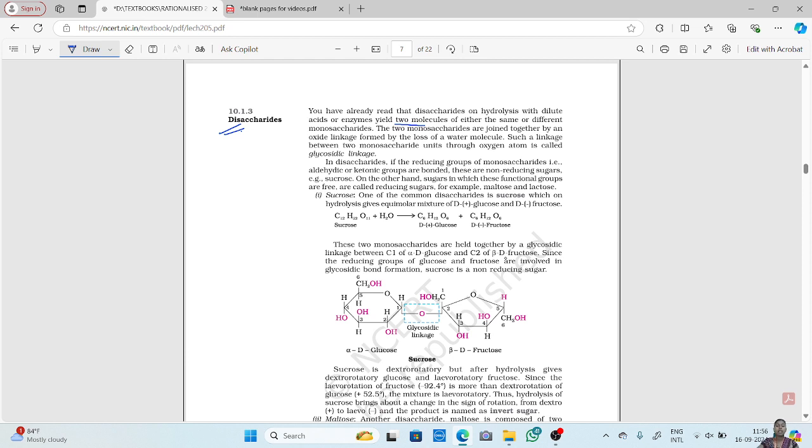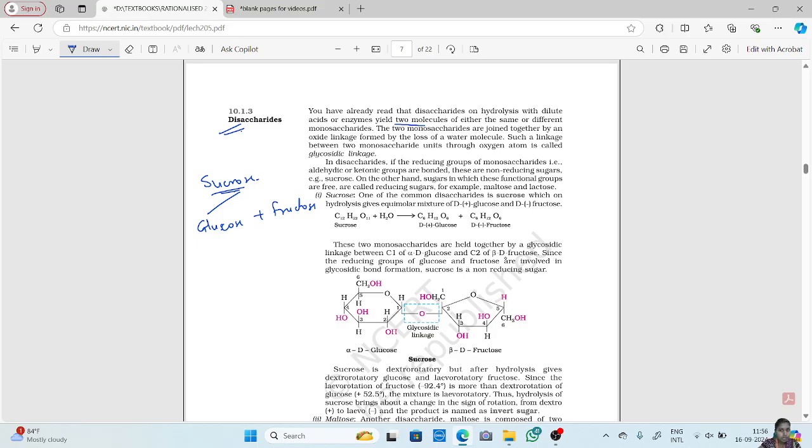Now sucrose is a basic example of a disaccharide which is formed out of glucose and fructose, which are two different monosaccharides. There is a bond between these two monosaccharides to form sucrose, right?